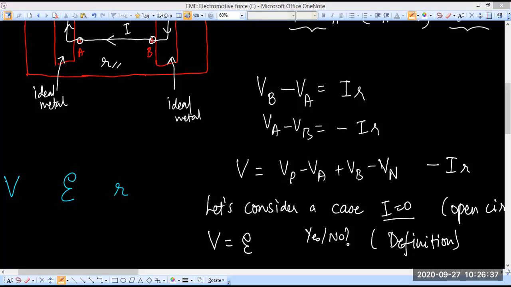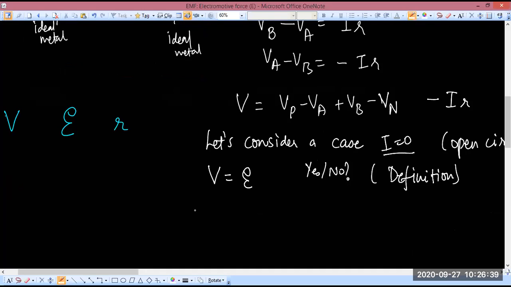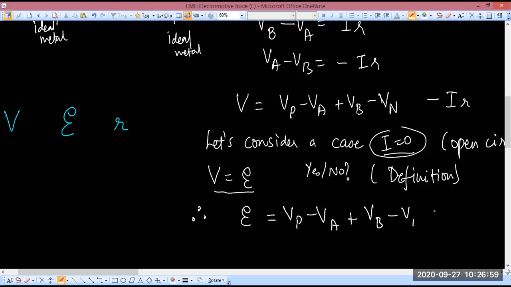Now, also, let's put I equal to 0 and V equal to epsilon in this equation above. So what do we get? Therefore, epsilon equal to this, minus 0.